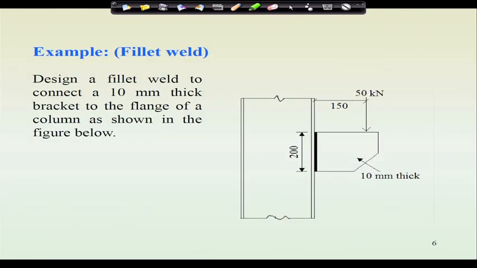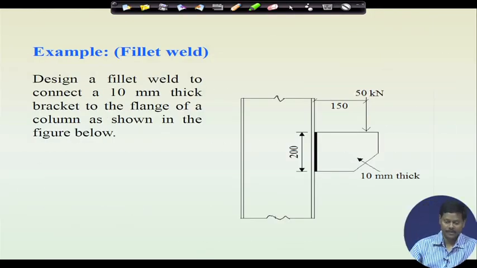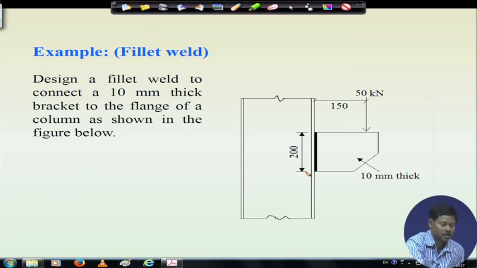Now, we will go through one example to understand this. This is the example. So, here we see that a bracket is connected to a column with a 10 mm thick, means thickness of bracket was 10 mm, load is considered as 50 kilonewton at a distance of 150, and depth is given, means 200.